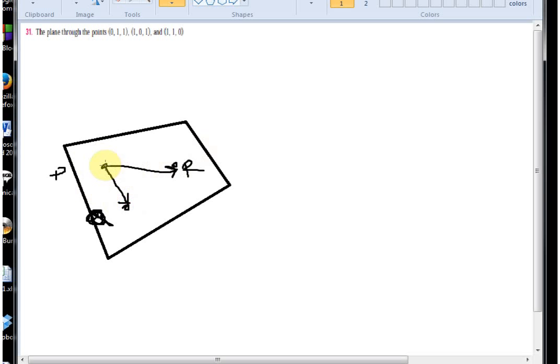And then we find the normal vector of these two, which will be perpendicular to both of them and also to the plane, since these two vectors are parallel to the plane. So the vector that we find here will also be the normal vector to the entire plane.